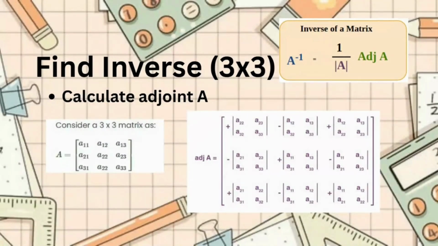Here is the example for how to calculate the inverse of a 3 times 3. First, calculate the adjoint, and then insert the adjoint into the formula. So we get the inverse matrix.